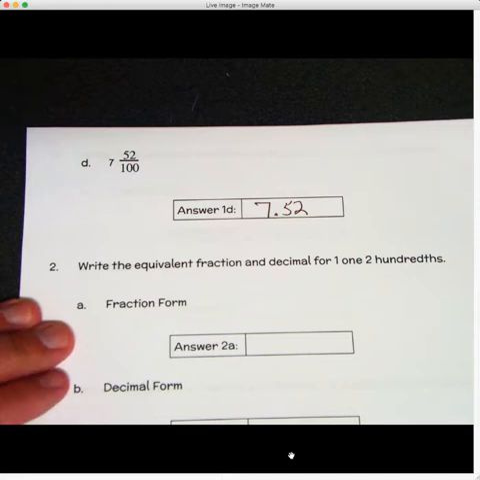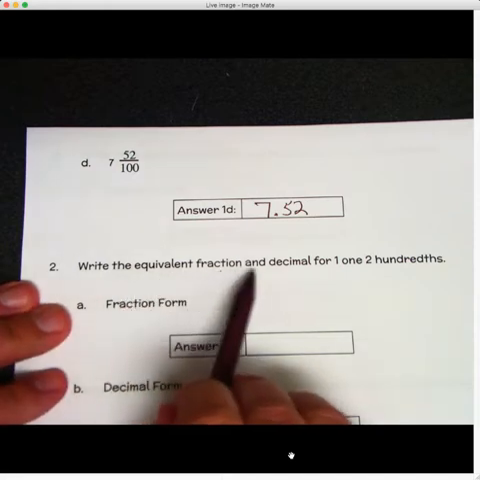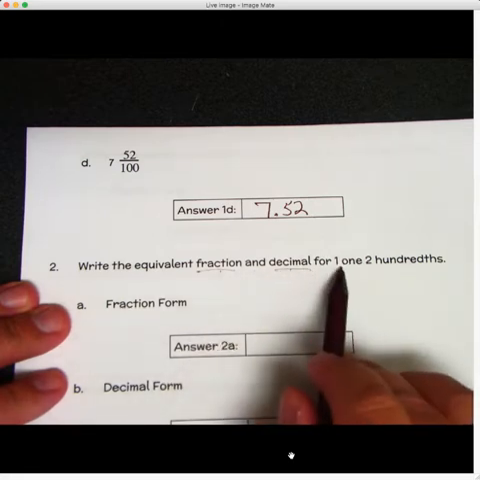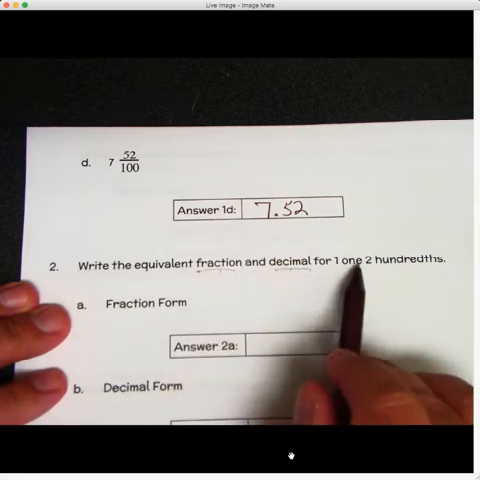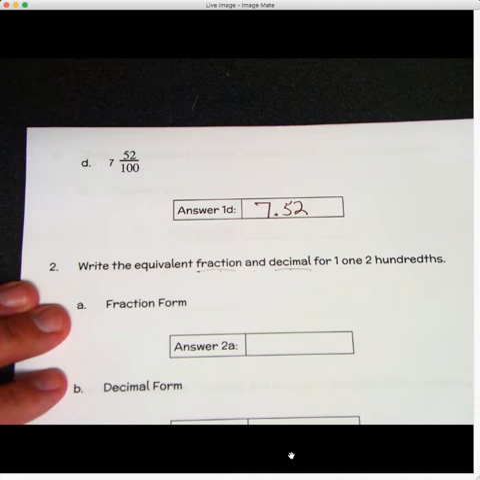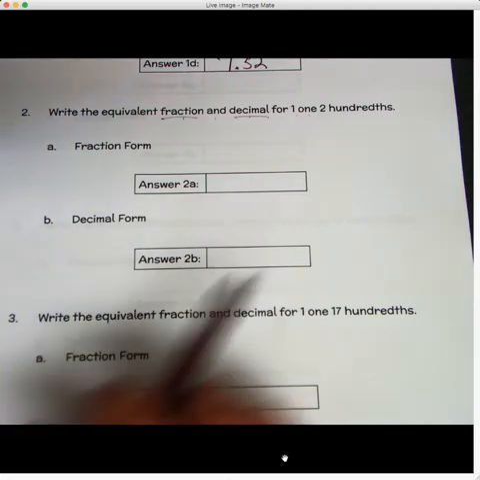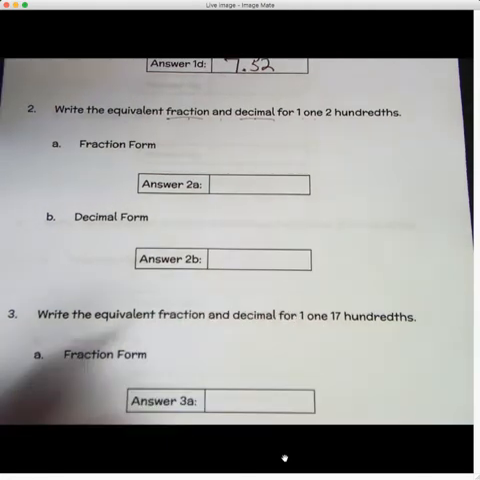Now, let's read the directions for number 2. Write the equivalent fraction and decimal. So we're writing fraction and decimal for 1 and 2 hundredths. It looks funny when we have this, but we call this unit form.